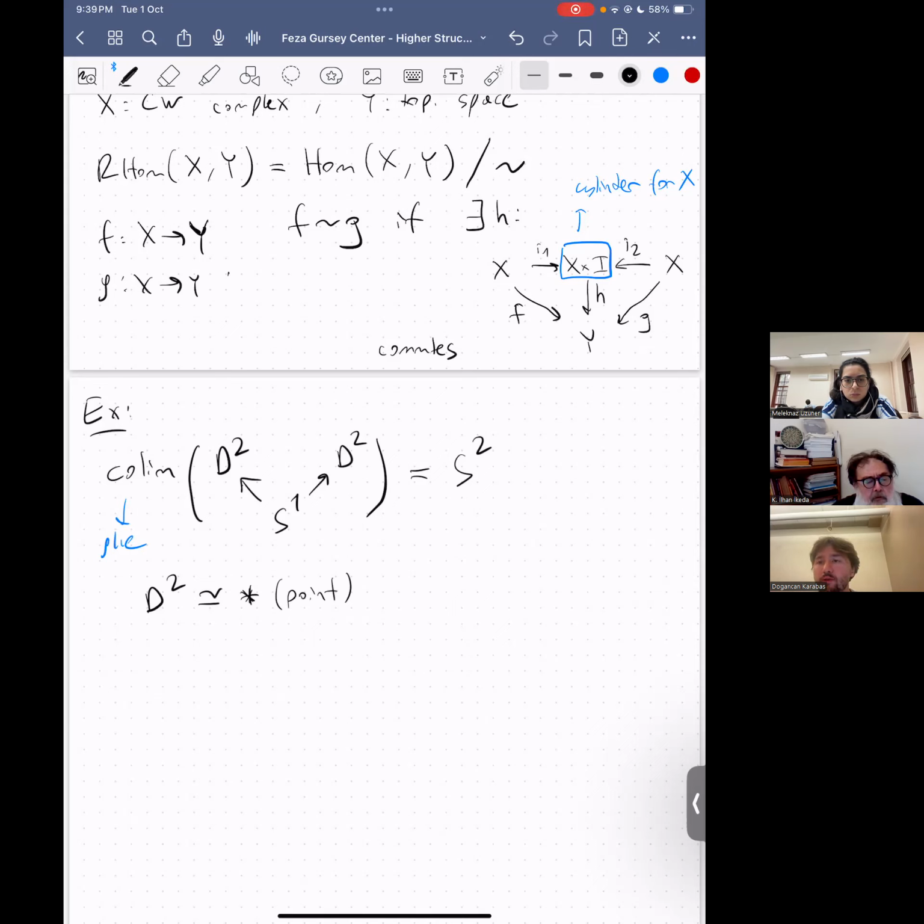So the homotopy groups are the same, and the usual inclusion gives the weak homotopy equivalence between them. Or you can think of it like a retract. You can retract D2 to a point. So they are weak homotopy equivalent. So if the colimit is a sensible operation up to weak homotopy equivalence, then I should be able to replace D2s with points.